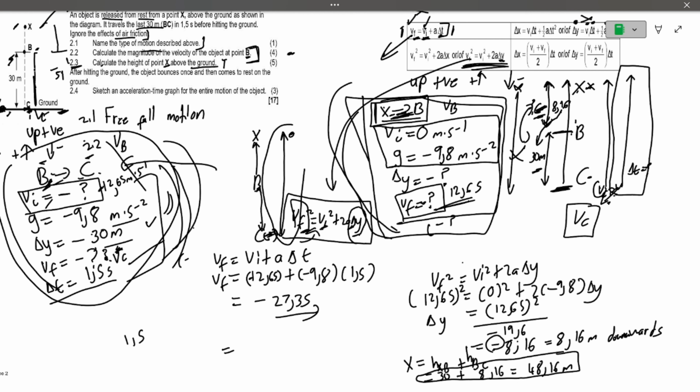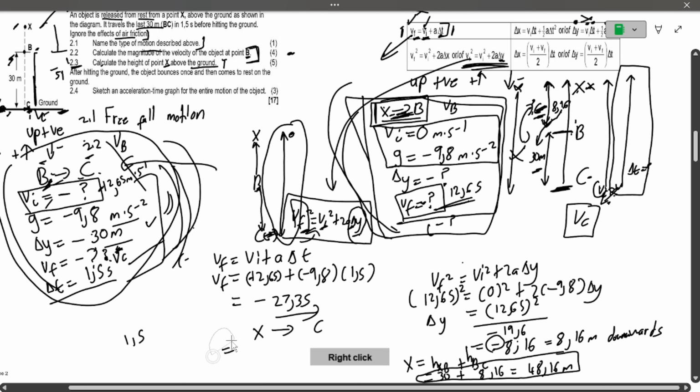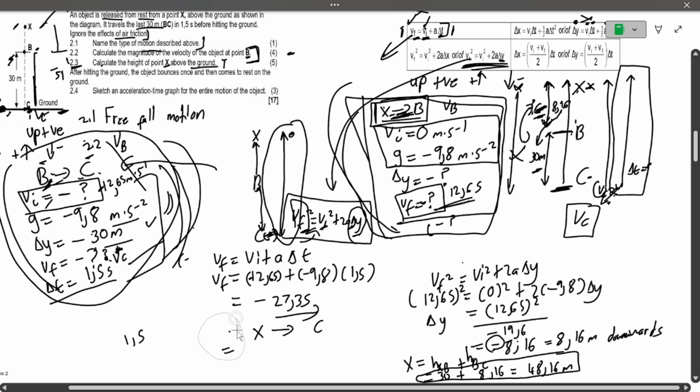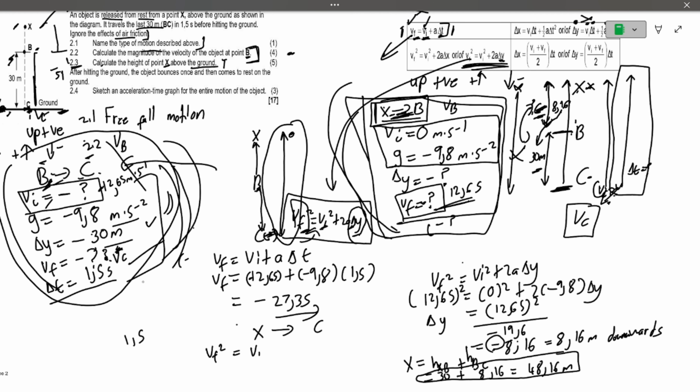When you use the velocity of the whole motion from x to c, we come and say that, let me wrap this, from x to c, we're going to use v final squared equals v initial squared plus 2a change in y.